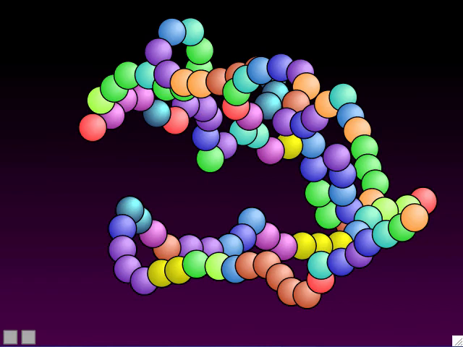Now, from what I've told you so far, you might think that all enzymes' active sites are always exactly shaped to fit their substrate molecules. In other words, you might think that for all enzymes, their active site is always able to perfectly bind the enzyme's substrate molecule. And that's usually true, but there are some exceptions to it.